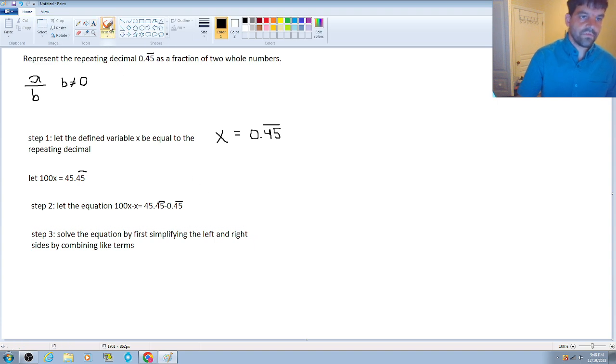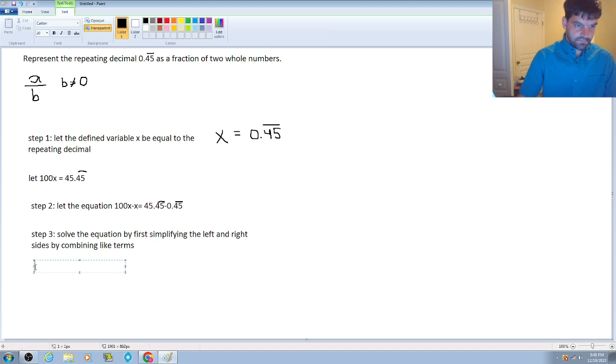What that means here is we have 100x. And remember, if it's good for housekeeping purposes and it makes you more comfortable, if a variable doesn't have a coefficient on it, you can represent it as a coefficient of 1, because of the multiplicative identity of 1: anything times 1 is itself. So x times 1 is just x.